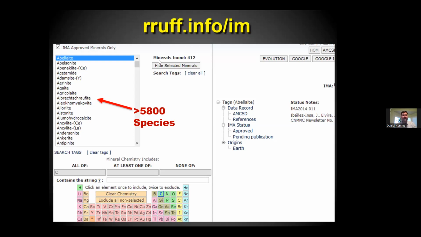And what you'll find there is this lovely menu, this nice listing of all mineral species with their official IMA names in alphabetical order. So you can click on any one of them, and then you see information about that mineral off to the right-hand side of the screen. There are over, I believe actually over 5,900 species now that are listed on this website.